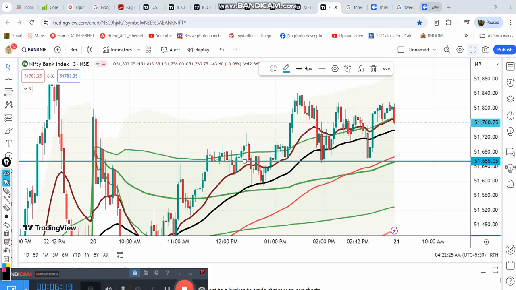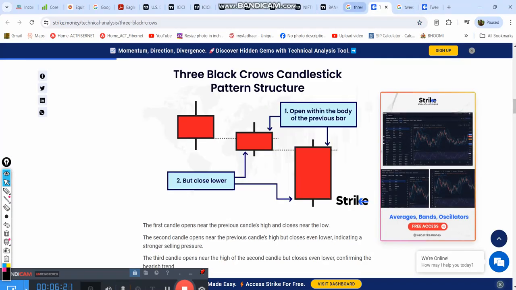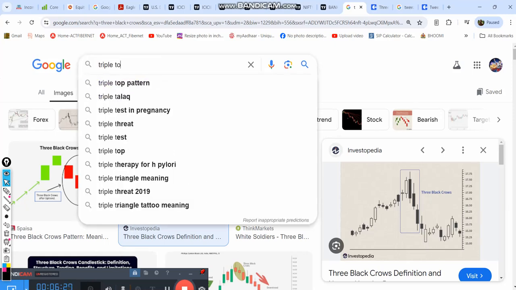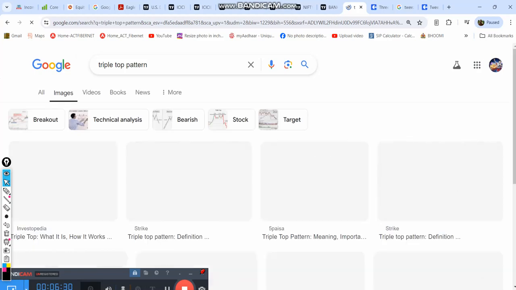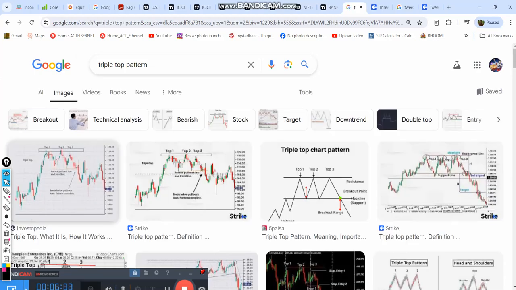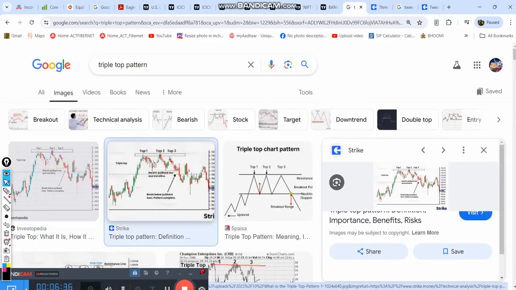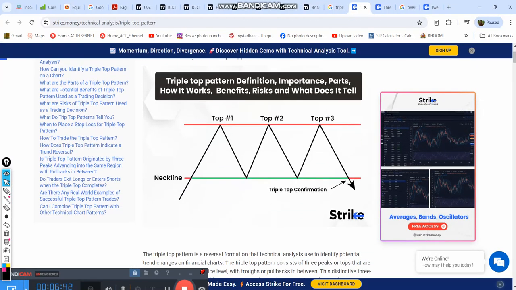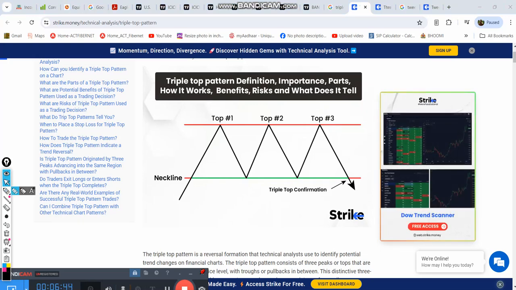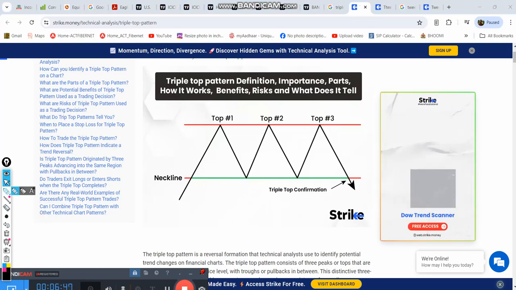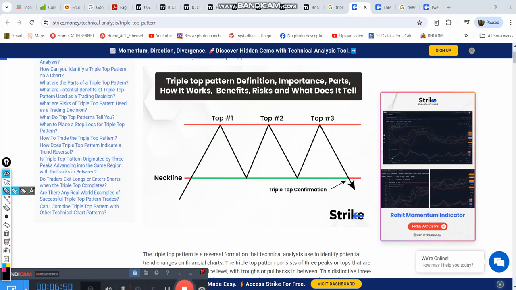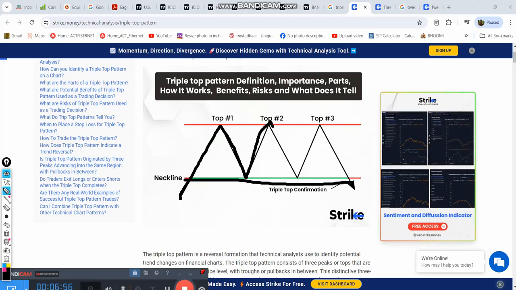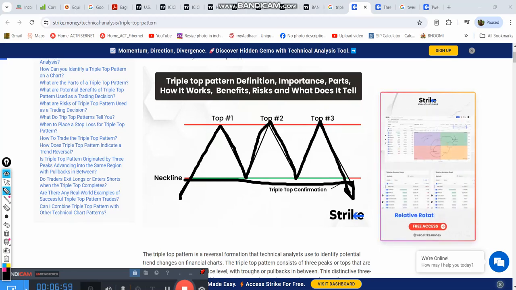So what is a triple top? So this is a triple top pattern actually. So triple top neckline, this is the neckline, and this is top 1, back to neckline, top 2, back to neckline, top 3, and below the neckline.